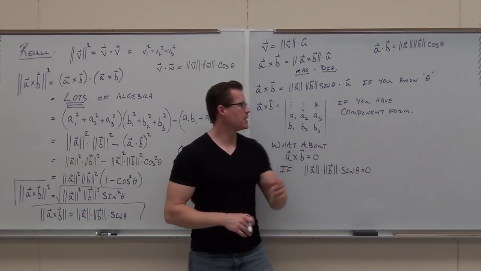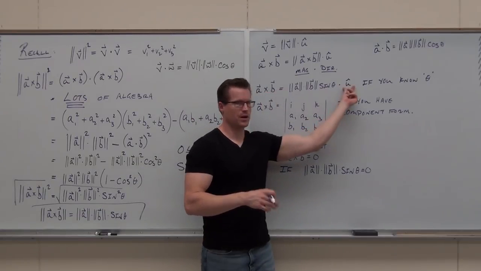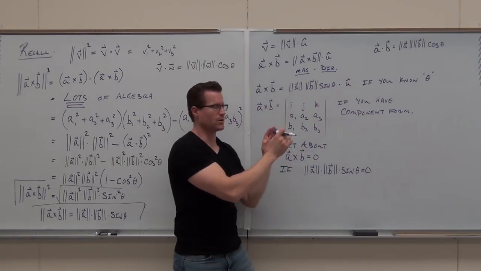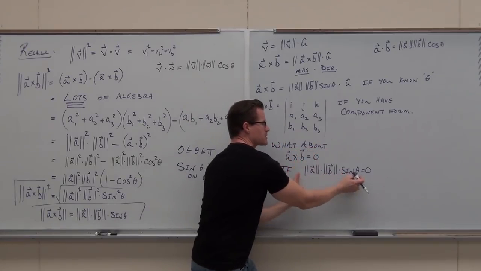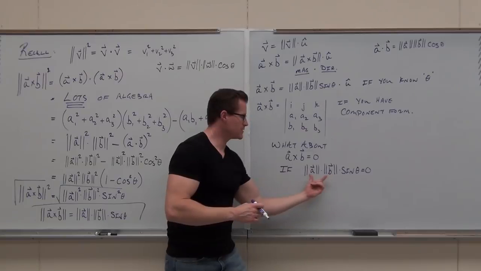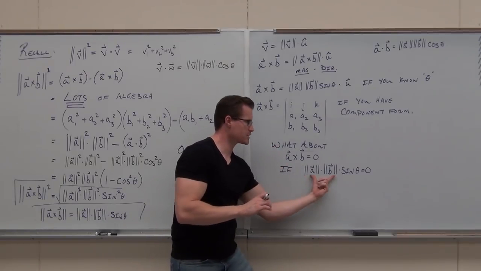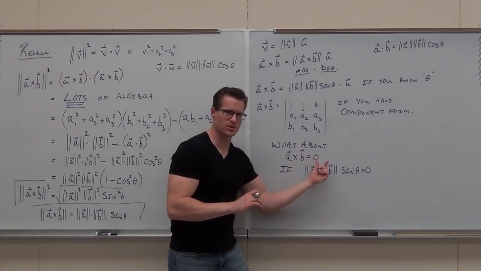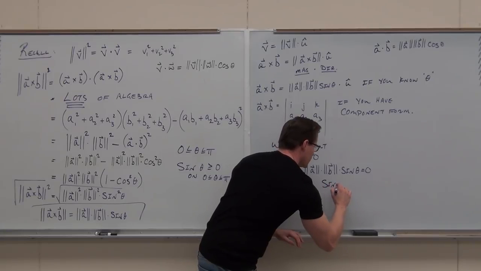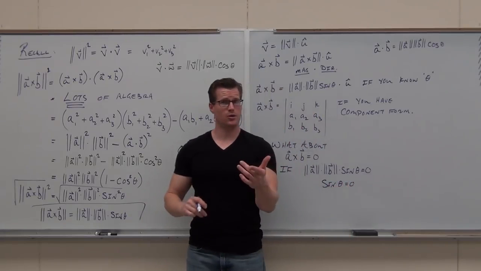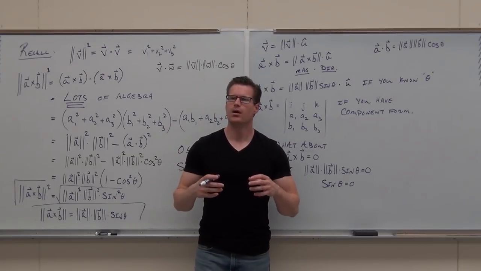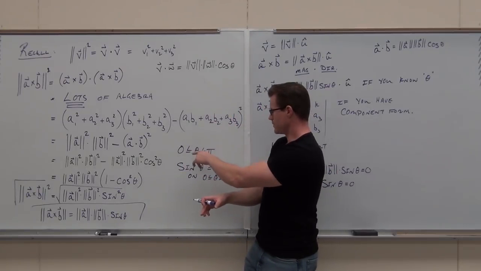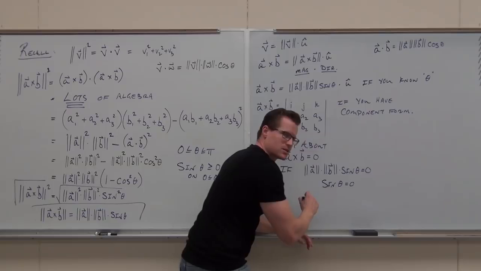Do you guys see what I'm talking about? If the cross product is actually 0, and you have non-zero vectors, so they actually have some substance to them, the only way that happens is if this part is 0. But wait, if these vectors actually have length, these are not 0. It comes down to this: the cross product can only be 0 if sine is 0. Now you tell me, think about it, put it together. Where is sine 0? 0 and pi. And remember that we can go from 0 to pi, but sine's 0.